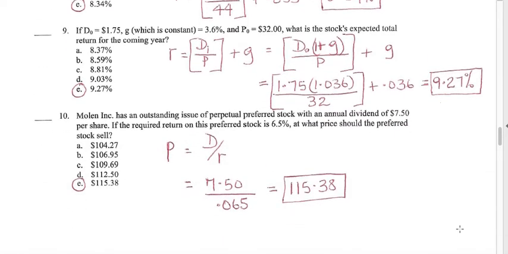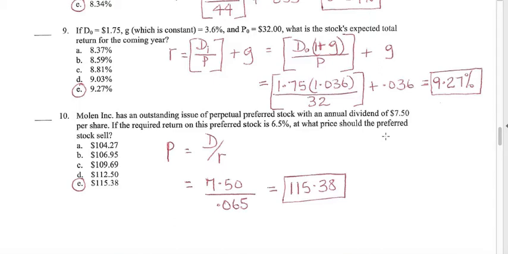Number 10, what we have here is a perpetuity. You're told that this company has an outstanding issue of perpetual preferred stock with an annual dividend of $7.50. Remember, there is no growth in dividends when you have preferred stock. If the required return on this stock is 6.5%, at what price should the preferred stock sell?